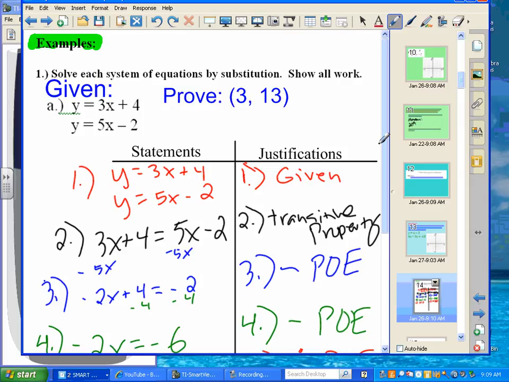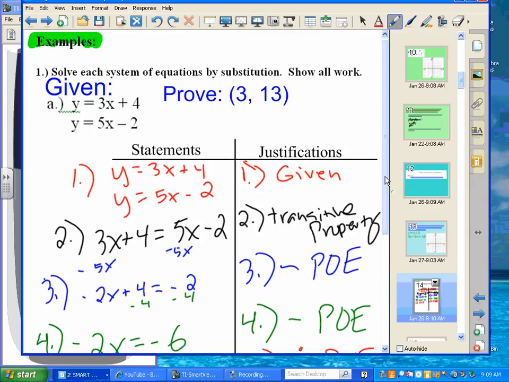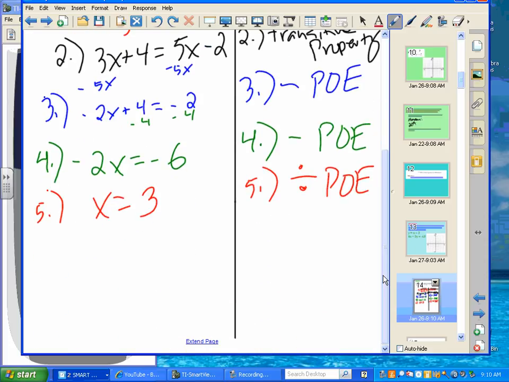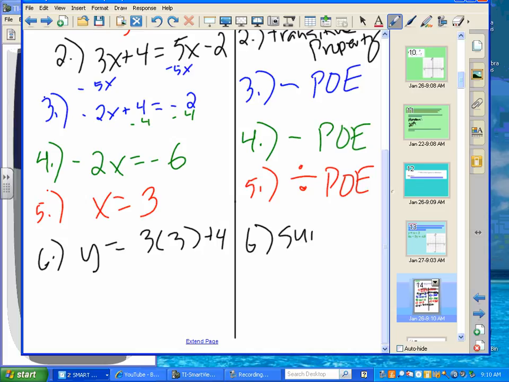Good job. Put x is 3 back into an equation. It does not matter what equation you use. I'm going to pick the first one just because. So step 6 is going to be y equals 3 times 3 plus 4. That is substitution property. So I'm just going to abbreviate substitution property.